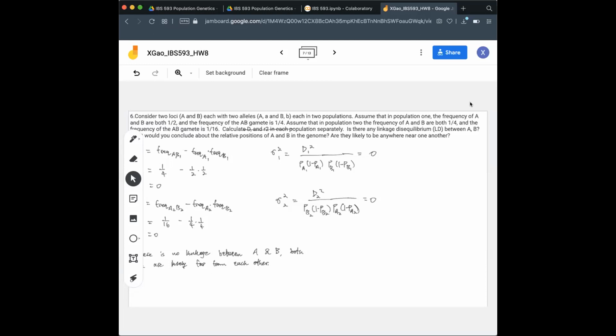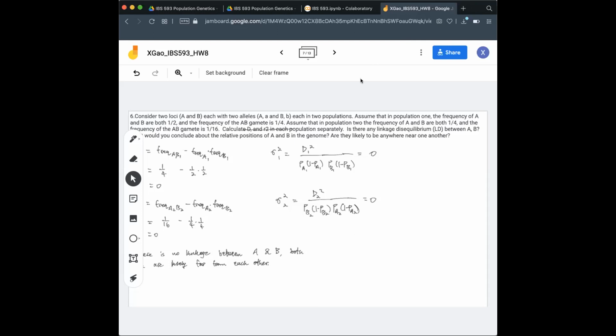And assuming that in the other population, the frequency of big A and big B are both 1/4, and the frequency of the AB gamete is 1/16. And we're asked to calculate D, linkage disequilibrium, and R squared for each of the populations separately.